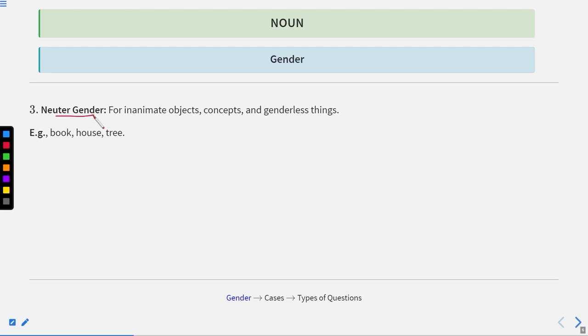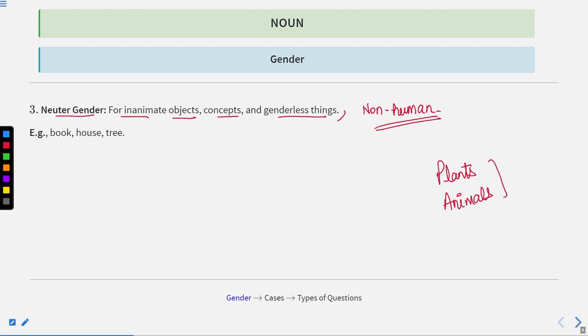Now we'll discuss neuter gender. It is for inanimate objects, concepts, and genderless things, which means something non-living or non-human. Now here we will not say non-living, but we say any non-human thing. For any non-human thing, we use neuter gender. Why so? If we talk about plants and animals, obviously they both are living beings. Yet we use "it" with them.